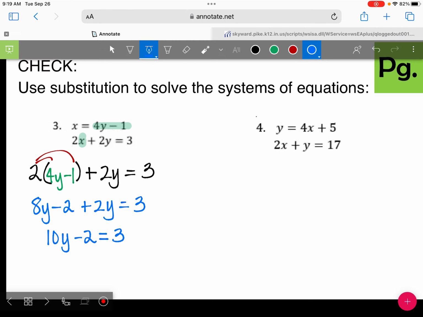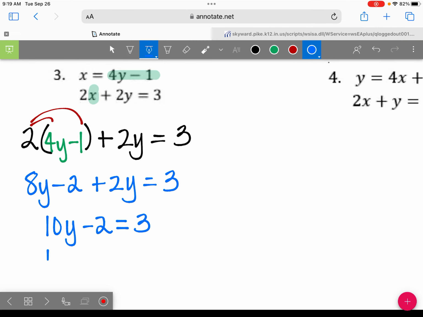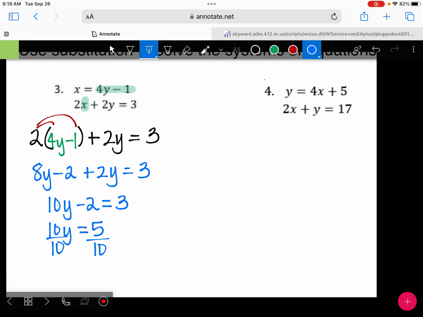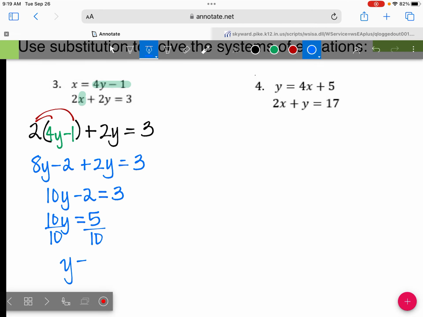And you're going to get a decimal. So don't think you're wrong. It is actually a decimal. Raise your hand when you get y, and I'll see if it matches what I got.